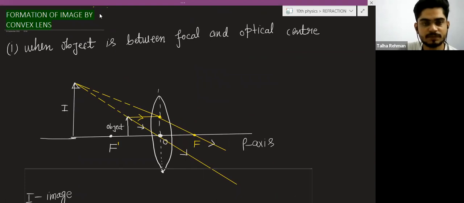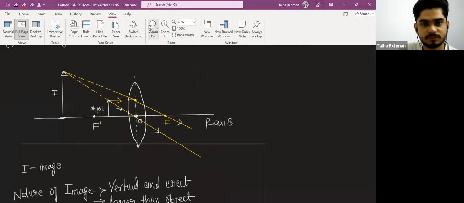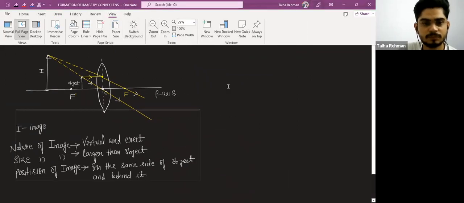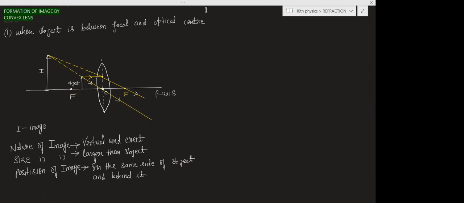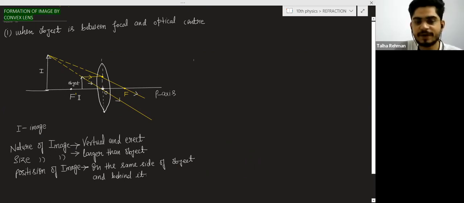Just copy this. Azaan, are you getting it? Yes. We have already done these things in mirrors. Formation of image we have already done.